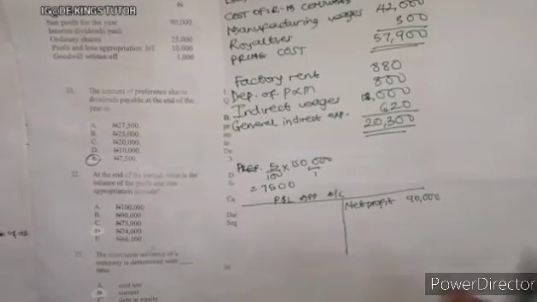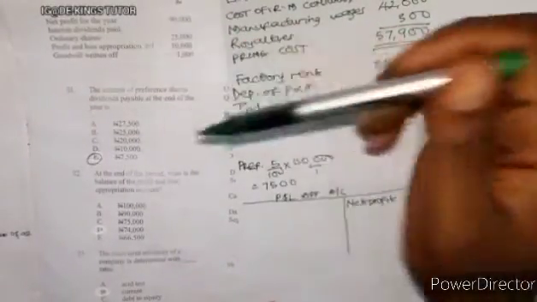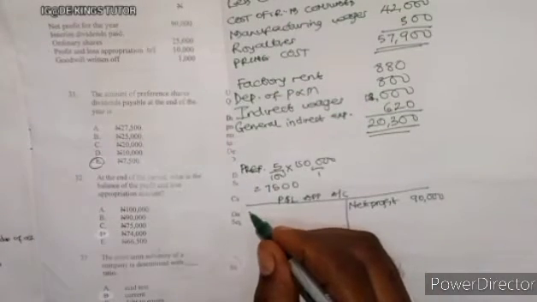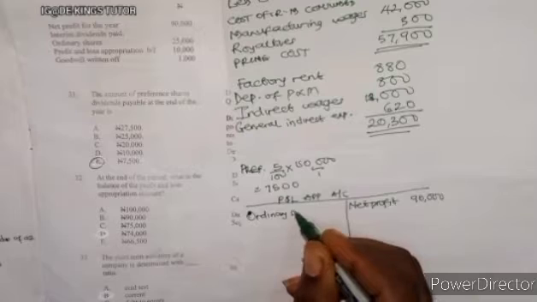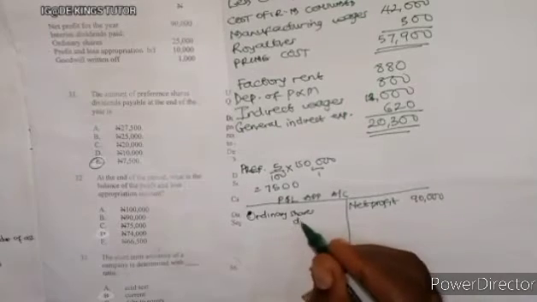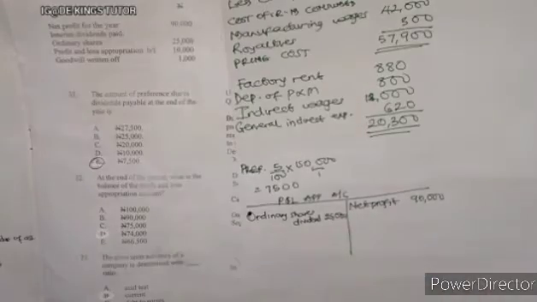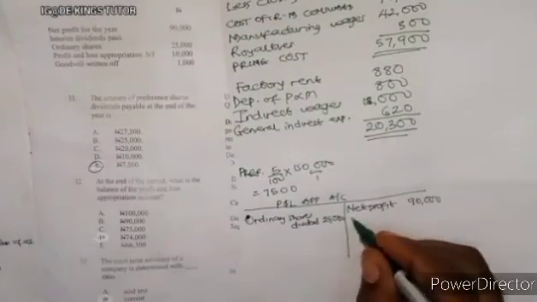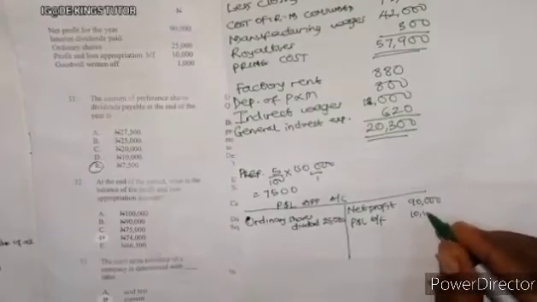The next one is interim dividend paid, ordinary shares. The ordinary shares dividend paid was 25,000. Profit and loss appropriation brought forward is 10,000.